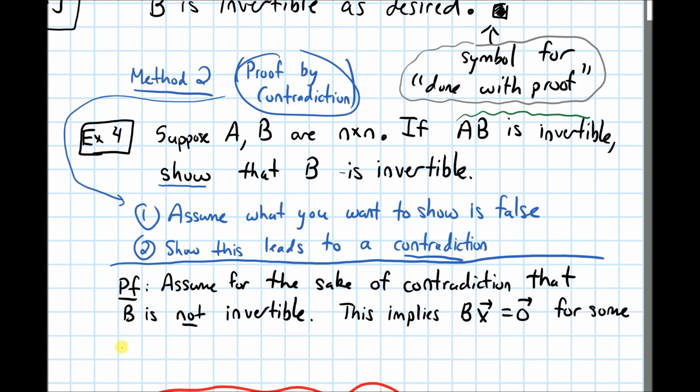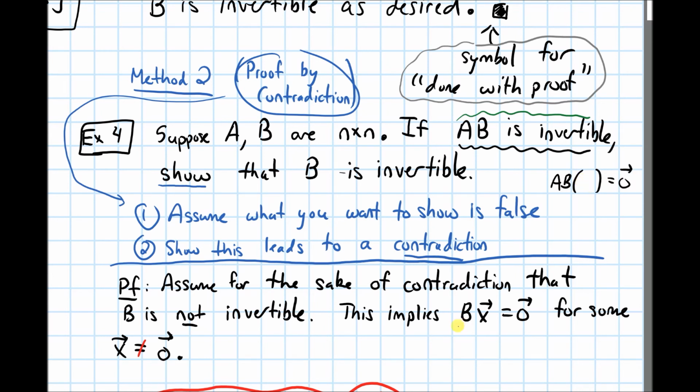So this is true for some vector X that is not equal to just 0. Okay, so one of the ways that I could contradict the fact that A times B is invertible is I could show that when I form the equation A times B times some vector equal to 0, this is going to have a non-trivial solution.